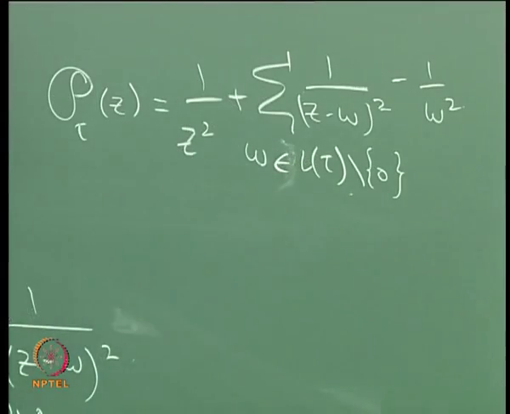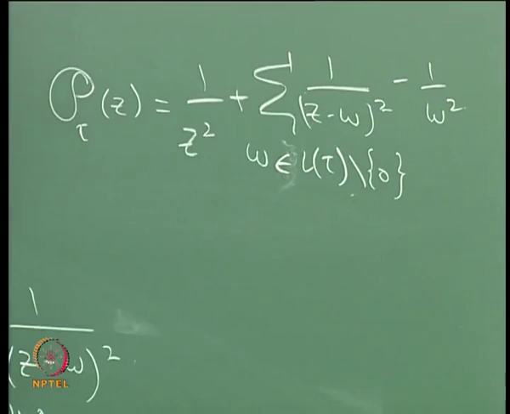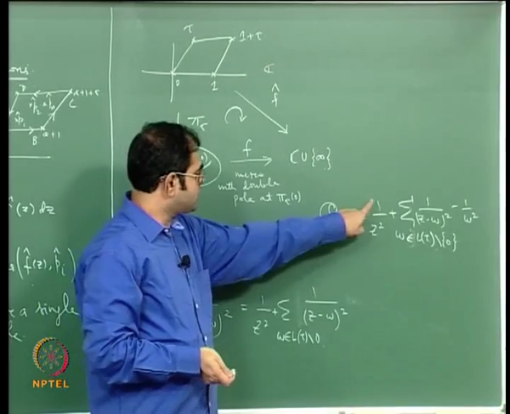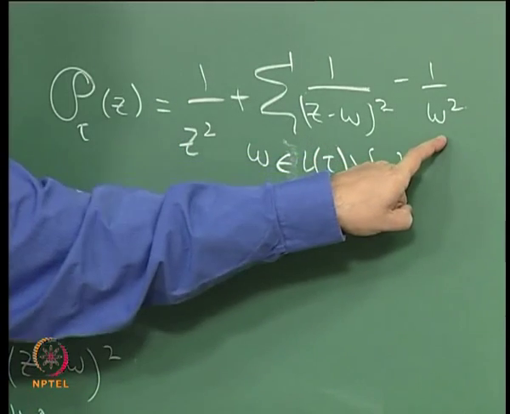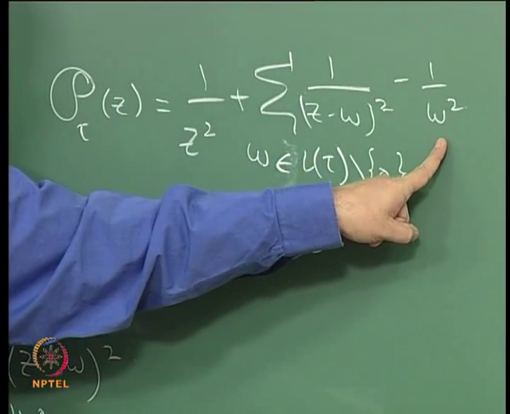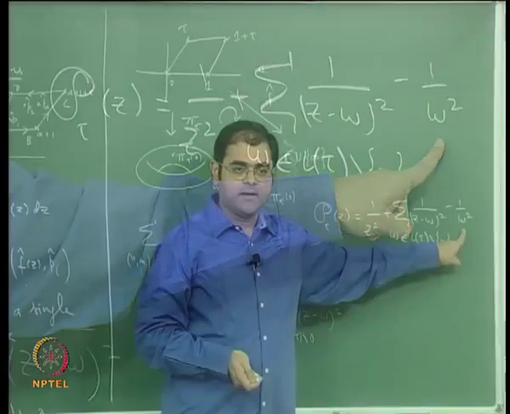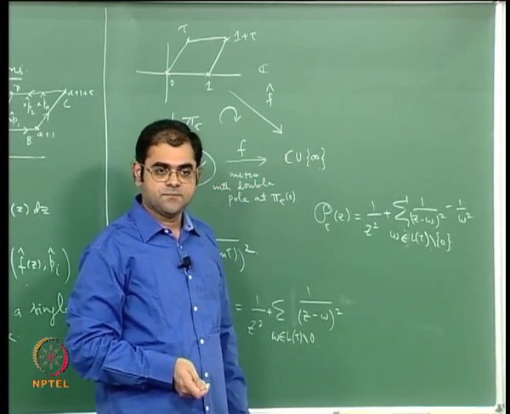Now this minus 1 by omega squared is plugged in so that as z tends to omega, the contribution 1 by omega squared that comes from this term gets cancelled with the contribution minus 1 by omega squared that comes from the other term. It is there for convergence purposes.